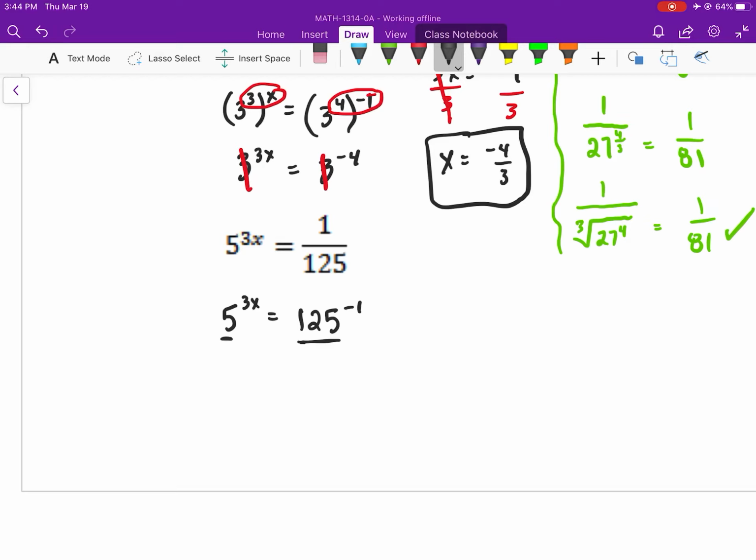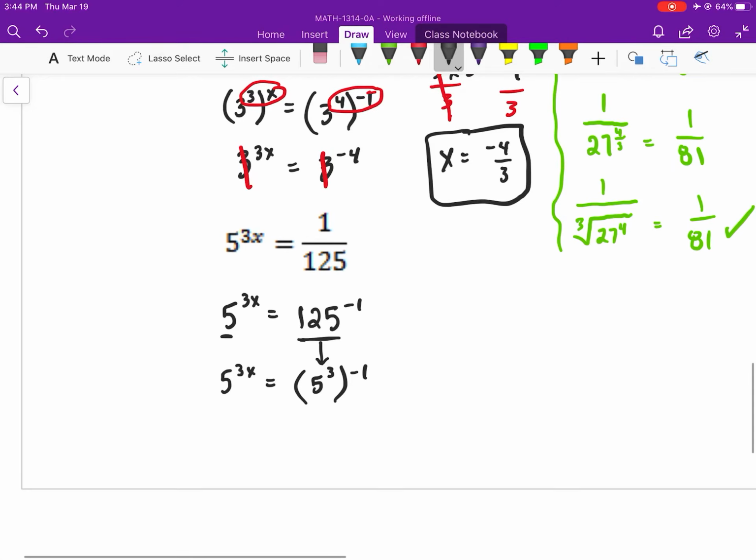So let's see if we can do 5 to a certain power to get 125. 5 to the 3x power equals 5 cubed to the negative 1 power. Notice this 125 is just becoming 5 cubed. 5 cubed is still 125.